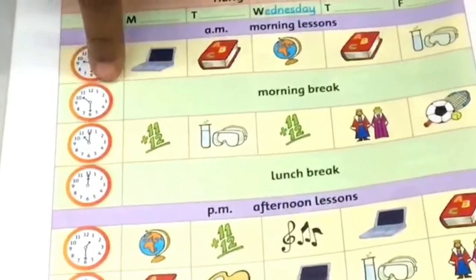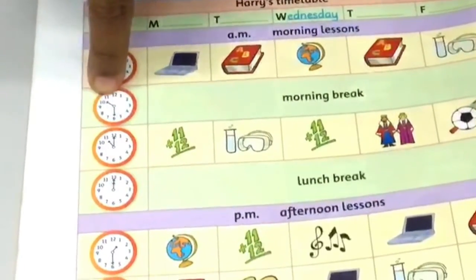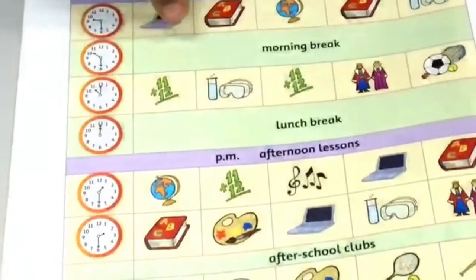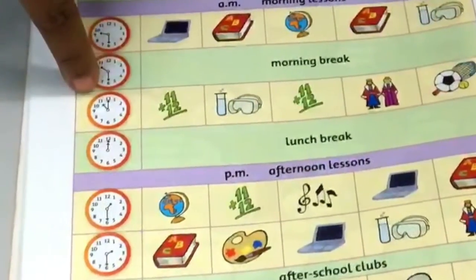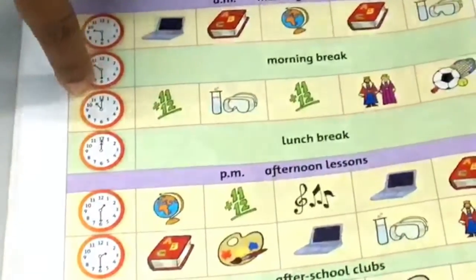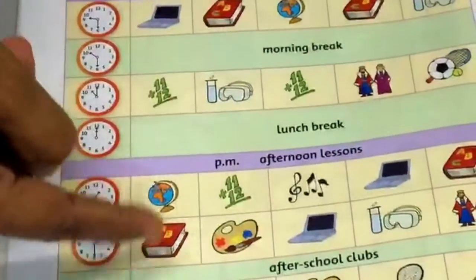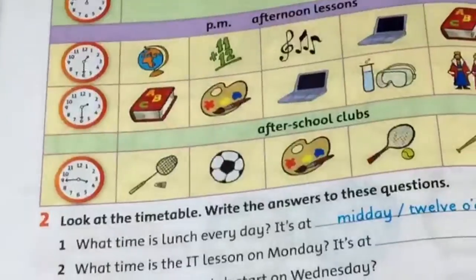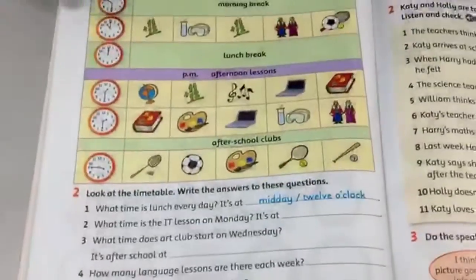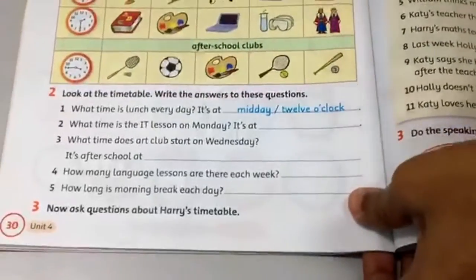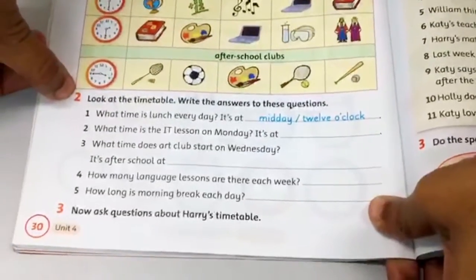Then you have the morning break at 10:30. And then at 11 a.m. there is maths. And so on and so forth. So as you look at the timetable, from the pictures, you know which are the subjects.